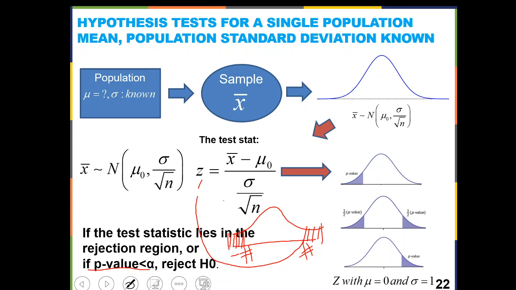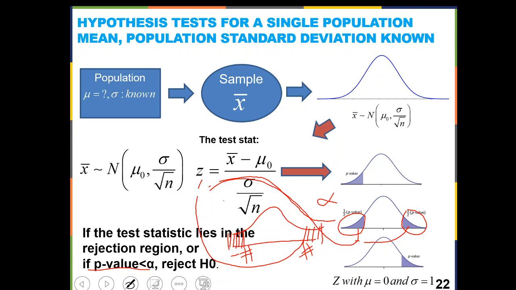Now, or we can set up our alpha here and then take this number and see where it falls. If it falls in the shaded region, then we reject. So this region is called rejection region based on alpha that is given. So we can set up rejection region and then find this number and see where it falls, right?